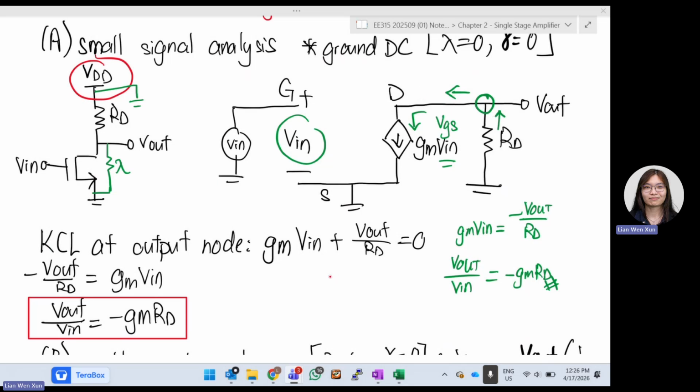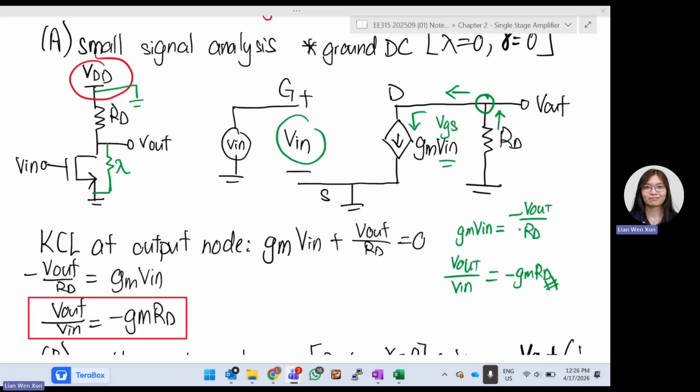So it equals 0 minus V out divided by RD. Is that correct? It is flowing from 0 to V out, and then all the way to GM V in. So the current that goes up is equal to the current that goes out. So now you got V out already. So you got negative V out over RD equals GM V in.